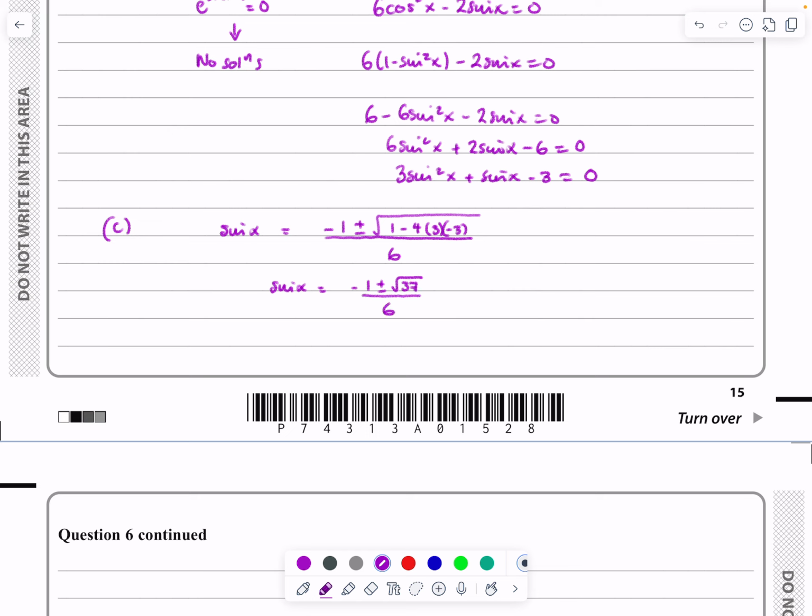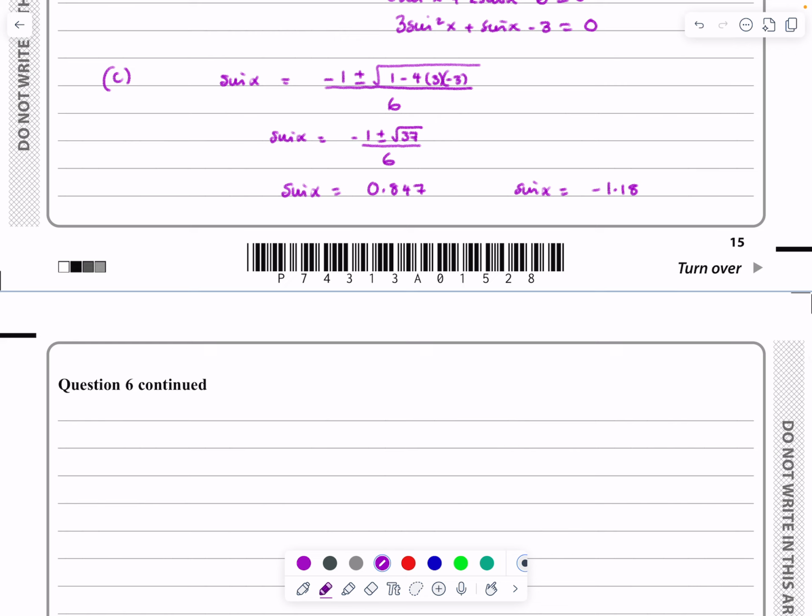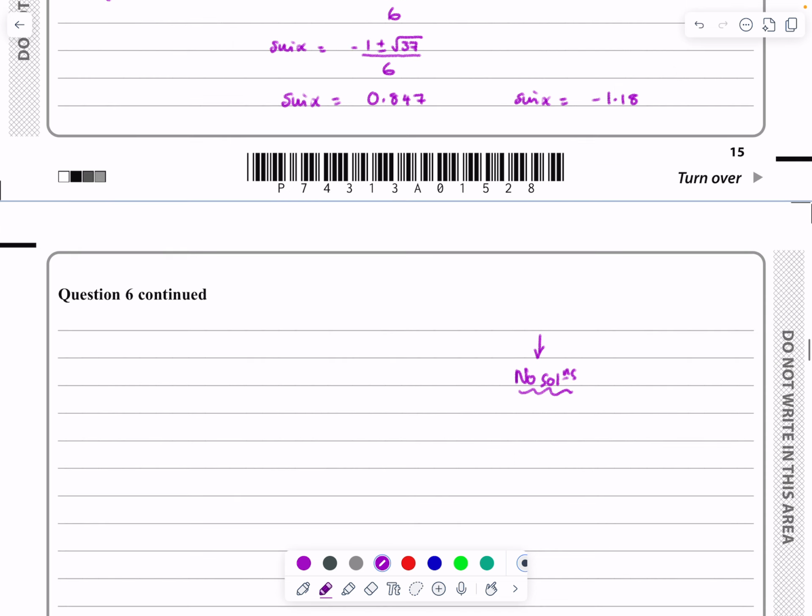which gives us sine x works out to be equal to, I'm just going to write it down to 3 decimal places, but obviously I'll have the whole values on the calculator, we get these two possibilities for what sine x works out to be. Well, the one on the right hand side is going to lead to no solutions. Sine can't be greater than 1 or less than minus 1, so that one's not going to give it to us.